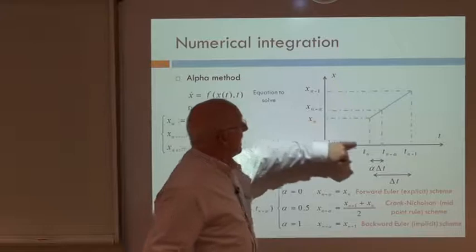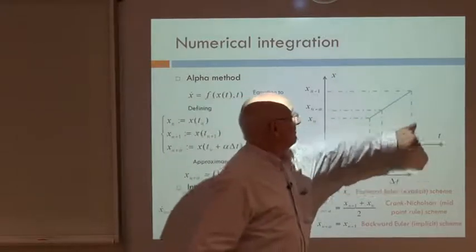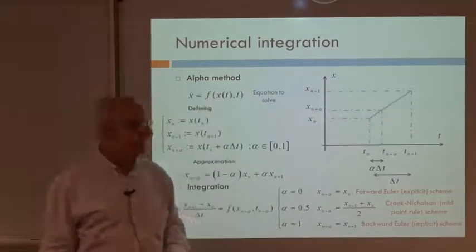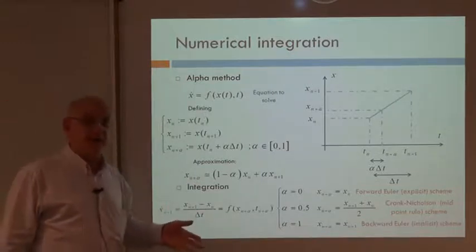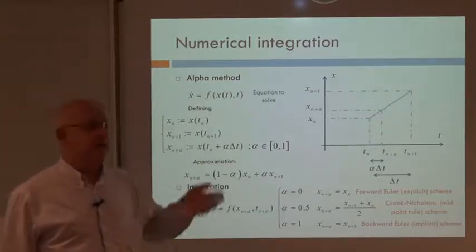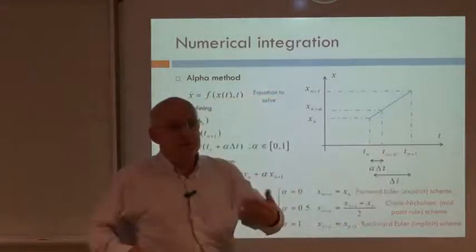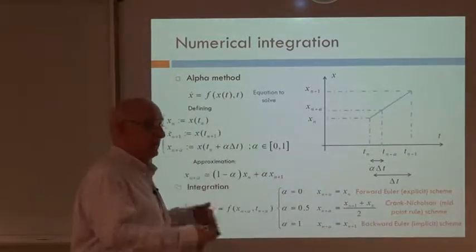In other words, at t_n, for instance, we know x_n, and at t_n+1, we want to know the value x_n+1, fulfilling this equation. Not exactly maybe, but approximately, in such a way that as delta t tends to 0, the committed error is lesser and lesser.